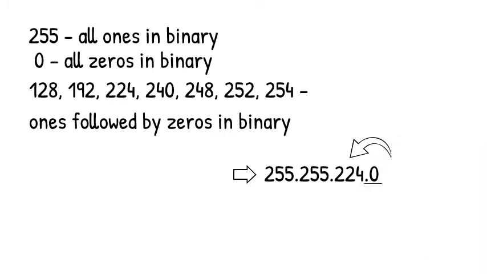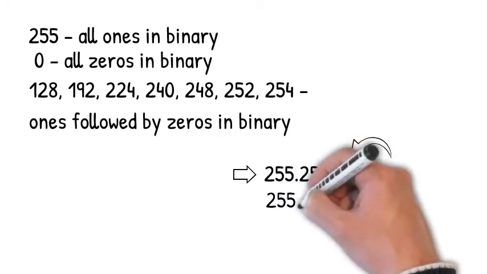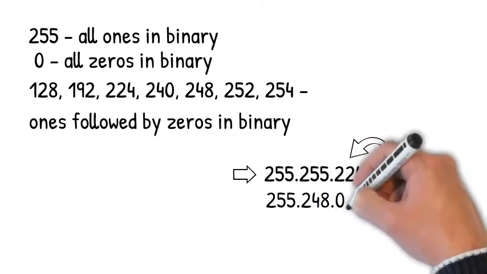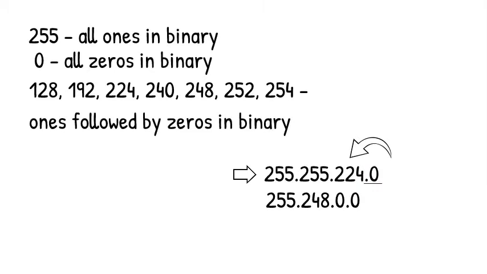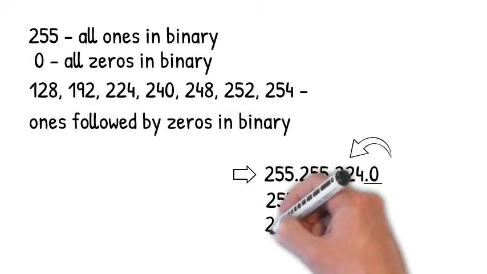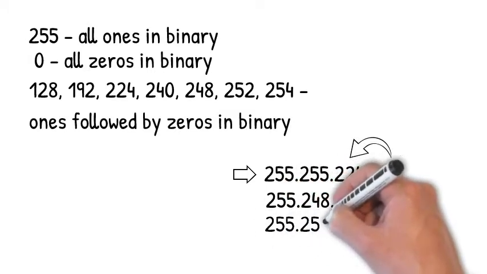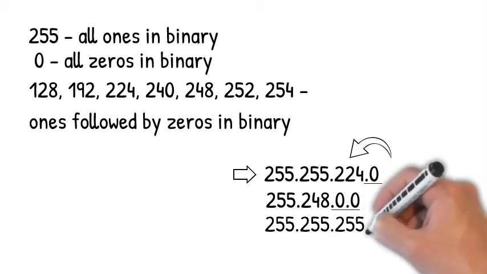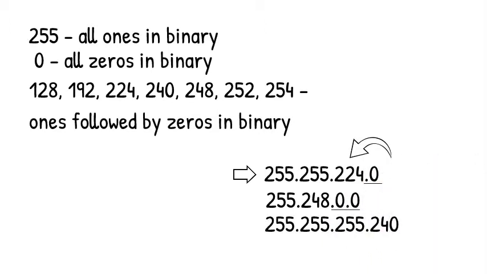So we end up with a subnet mask of 255.255.224.0. We could also have a subnet mask of 255.248.0.0 because everything that comes after 248 is all zeros. We could also have a subnet mask of 255.255.255.240.